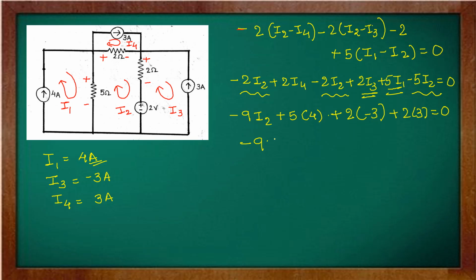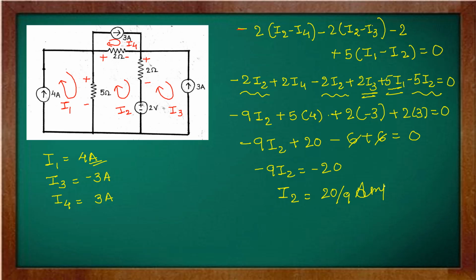So minus 9I2 plus 20 minus 6 plus 6 equals 0. Now this cancels, so minus 9I2 equals minus 20. So I2 will be 20 by 9 ampere.